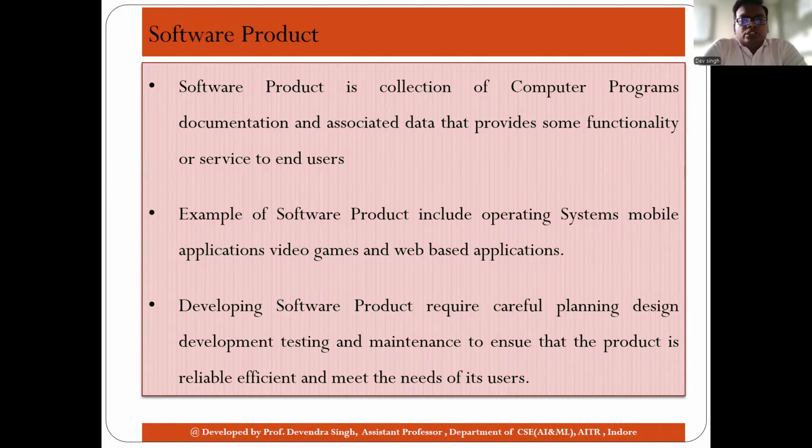Briefly, what is a software product? A software product is a collection of computer programs, documentation, and associated data that provide some functionality or services to the end user. Generally, software companies are of two types: one is product-based and the second is service-oriented. Examples of software products include operating systems, mobile applications, video games, and web-based applications.